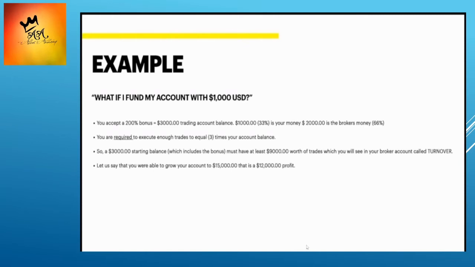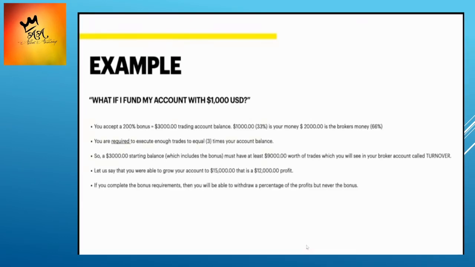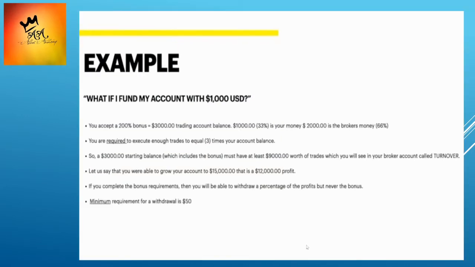Okay, the minimum requirement that a lot of people ask about, when can I start withdrawing? Basically, it's $50 with most of the brokers. What I've seen out there, it's typically $50. So don't go trying to withdraw $25 or $30 and, when you don't get through, get upset.